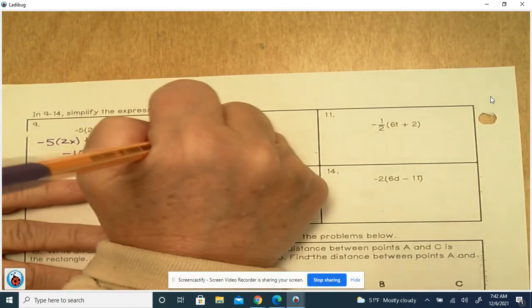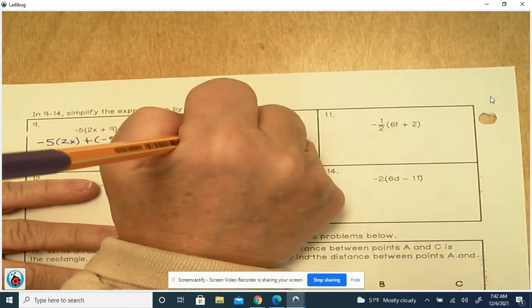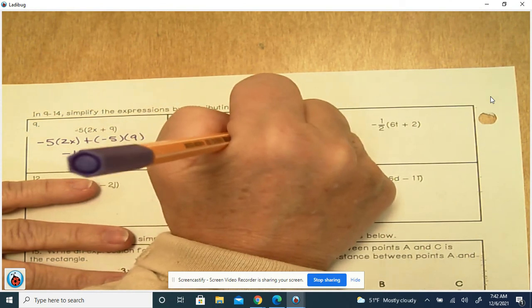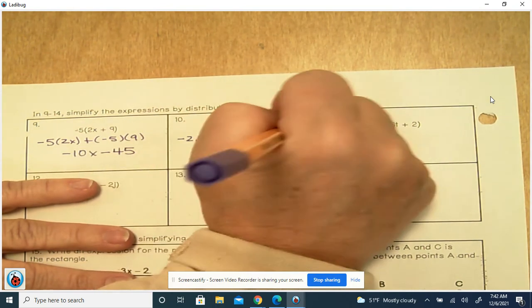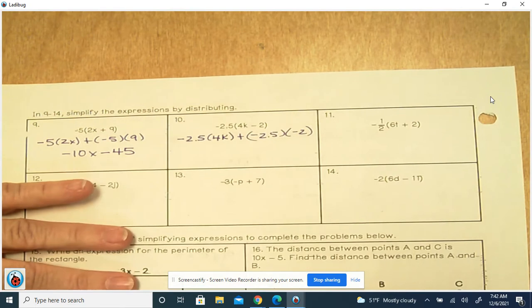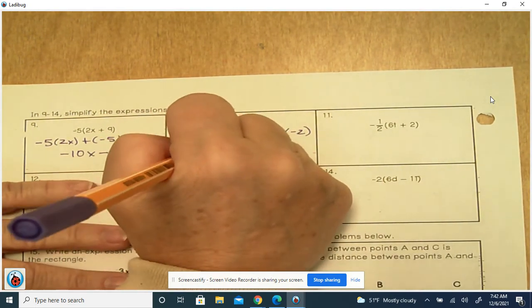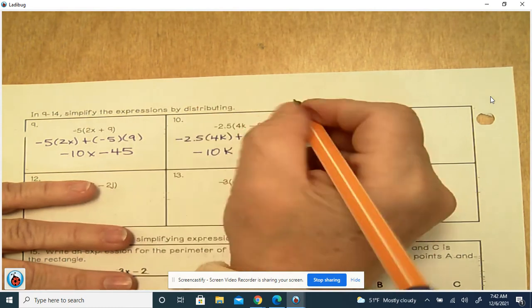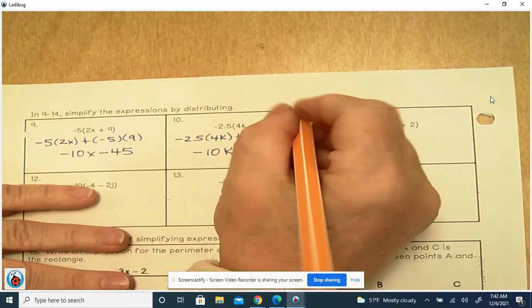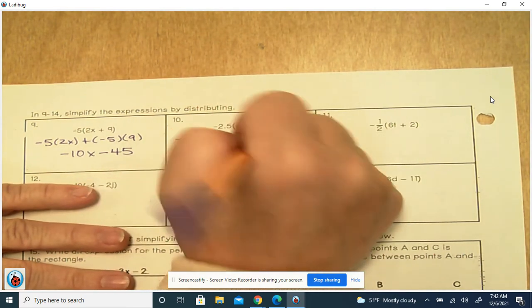Then you've got a negative 2.5 times 4k plus a negative 2.5 times a negative 2. And a negative 2.5 times 4k is a negative 10k. And a negative 2.5 times a negative 2 is 5.